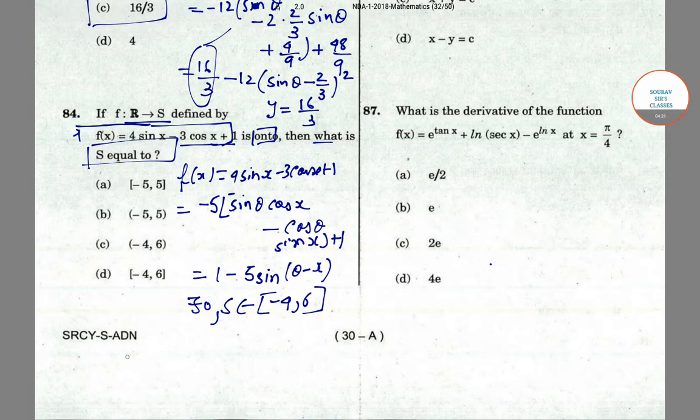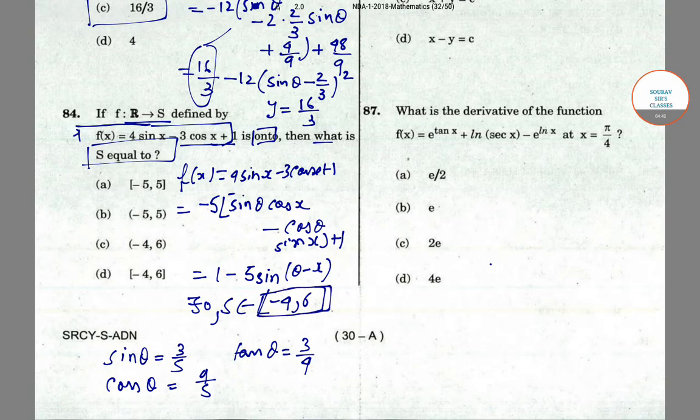Here there are few assumptions we have made. Sin theta we have assumed to be 3 by 5, cos theta we have assumed to be 4 by 5, and tan theta we have assumed to be 3 by 4. So from this we can see it belongs to minus 4 to 6. So option D seems to be the right answer for question number 84.